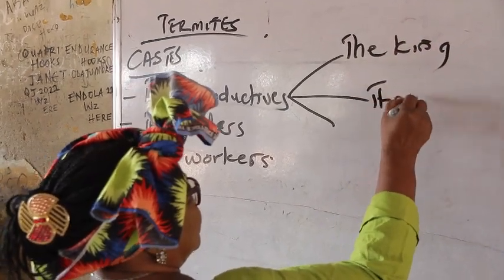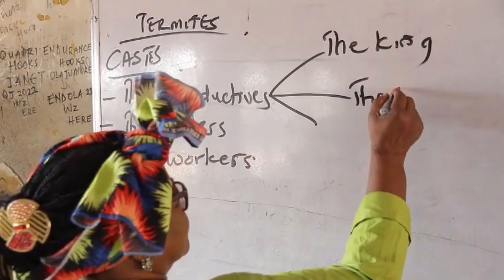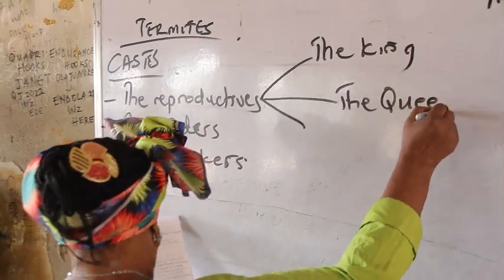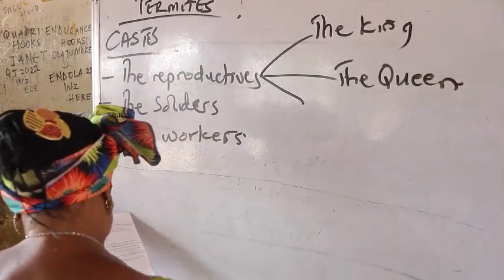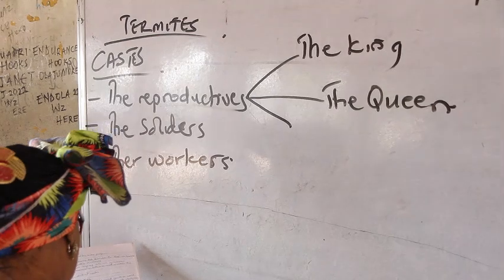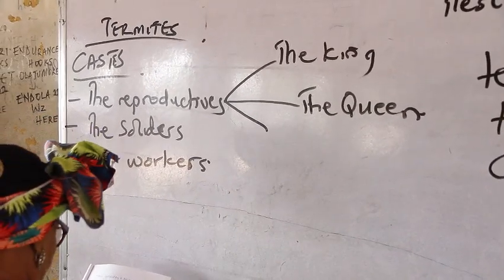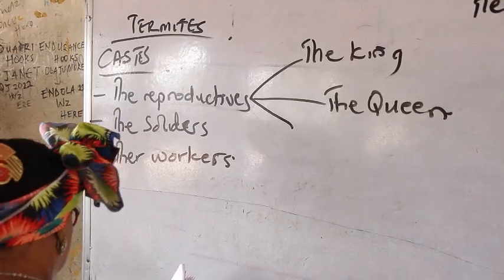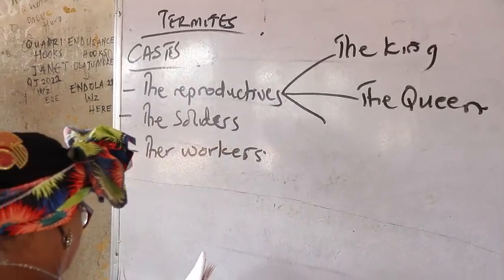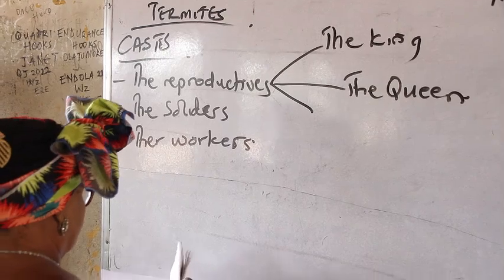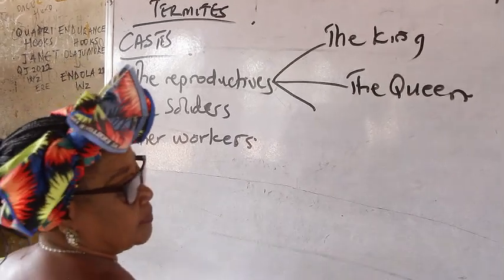We have the queen. And we have the winged reproductives.